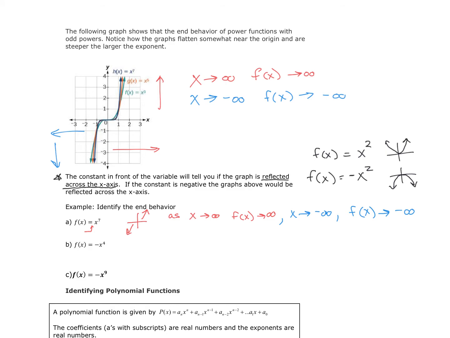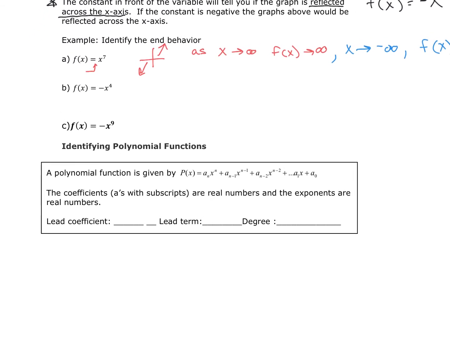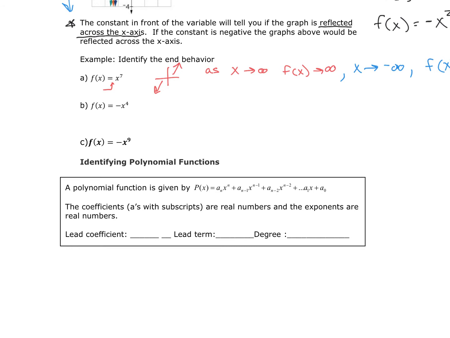Our next example is an even power function. And we notice that for our even power function, we have a negative. So normally an even power function would go up, up, but we reflected it, so it's going to go down, down, and we'll describe it as so.